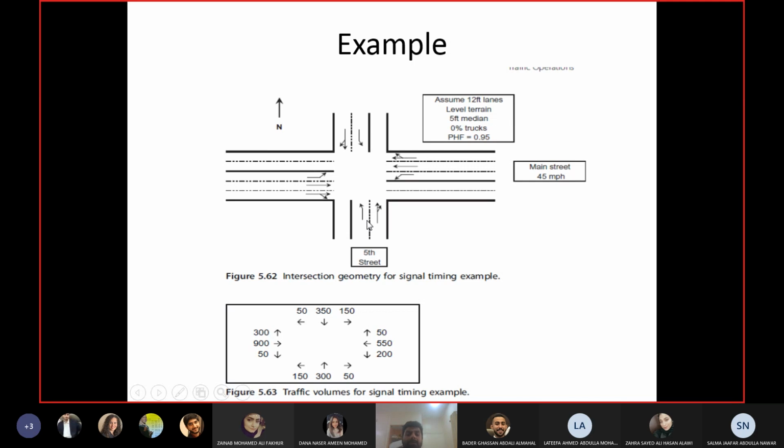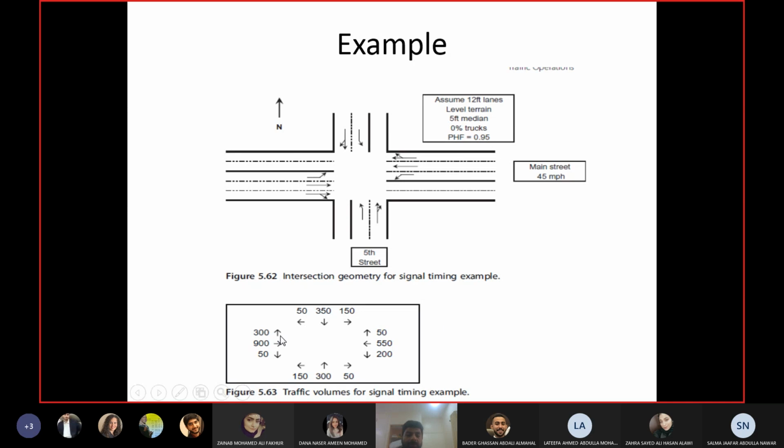Okay, so if you want to apply this criteria, then take this left turning volume, multiply with this volume. If it is less than 50,000, you can make the left turning permissive. Okay, and in this direction, take this volume, multiply by the movement in these two lanes, and if it is less than 90,000, you can go for permissive left turn movement.